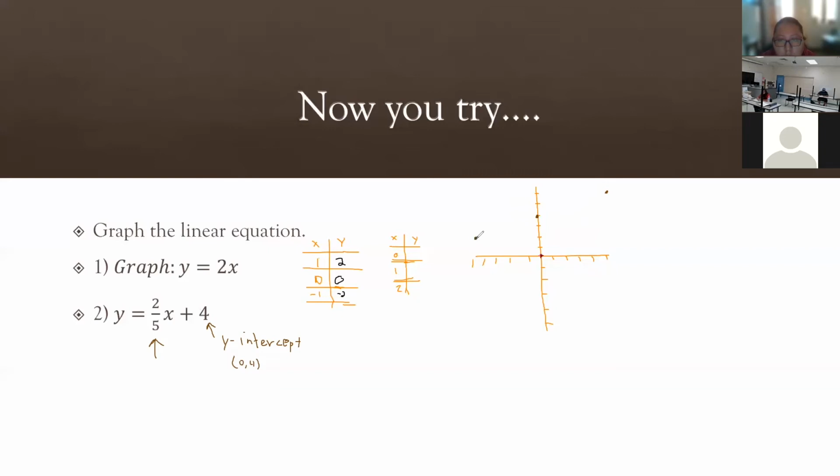Here. And this is our line. Then this one is y is equal to 2 over 5x plus 4. So you basically just need your slope and your intercept to graph.